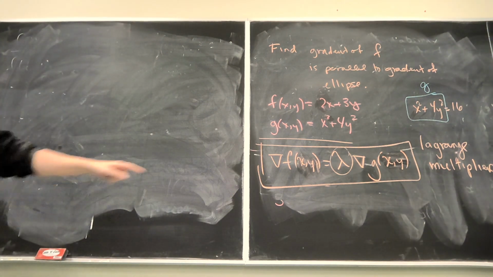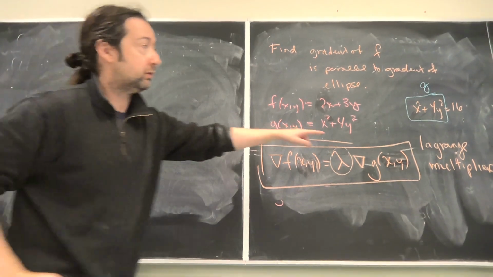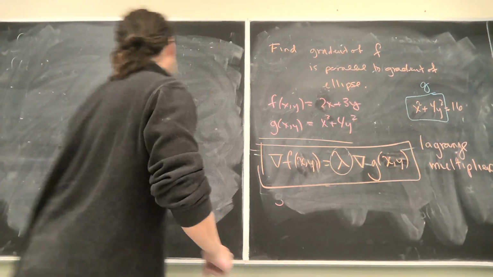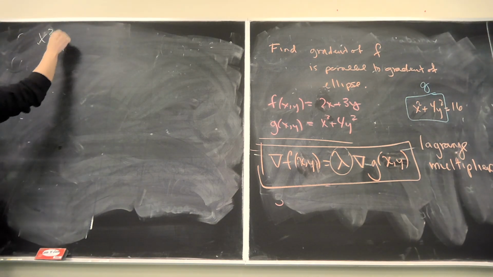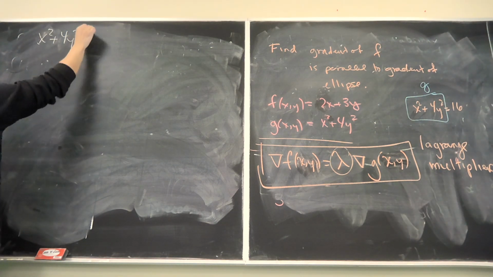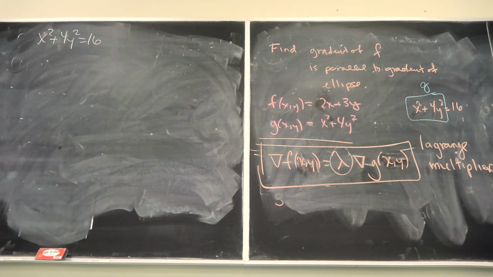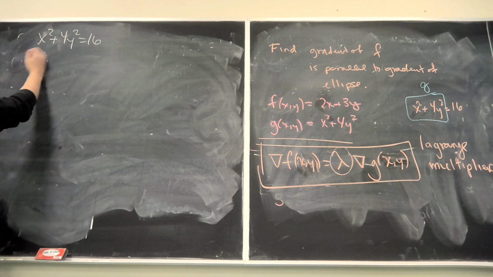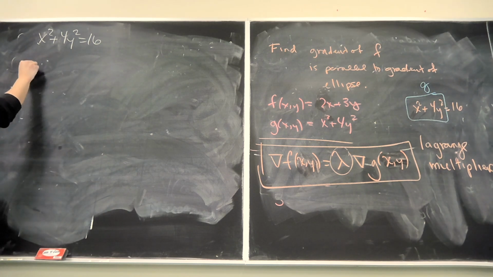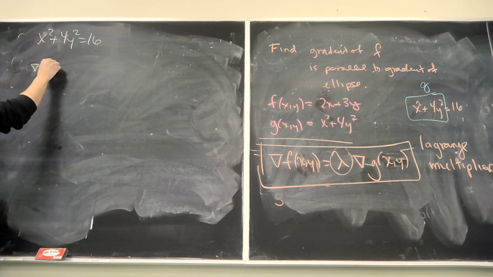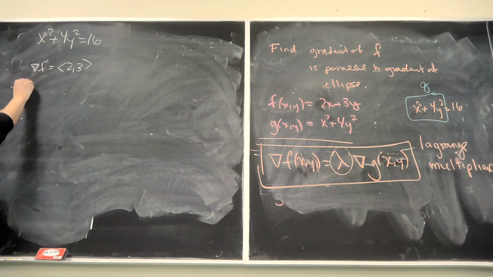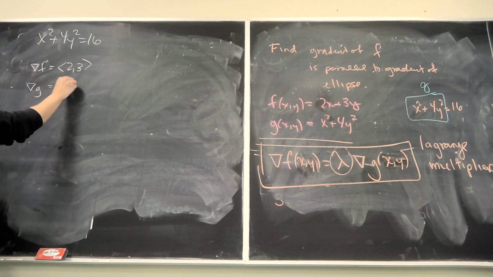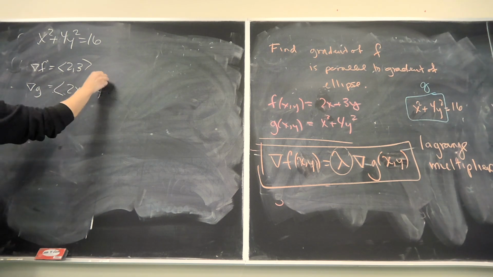So essentially what you do is we're going to write that down, and then we're also going to use our constraint equation. So we know that x squared plus 4y squared had better be equal to 16. We also know if the gradient of f is lambda times the gradient of g, so what is the gradient of f? The gradient of f is (2, 3). And the gradient of g is (2x, 8y).